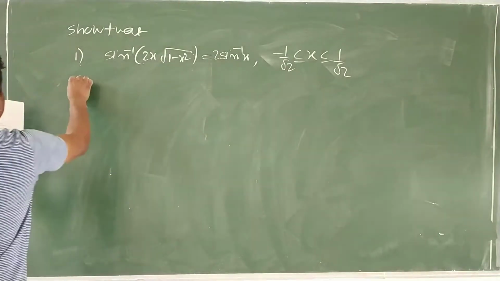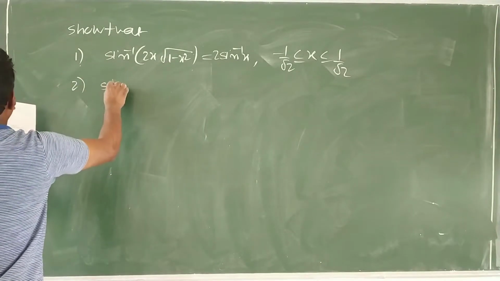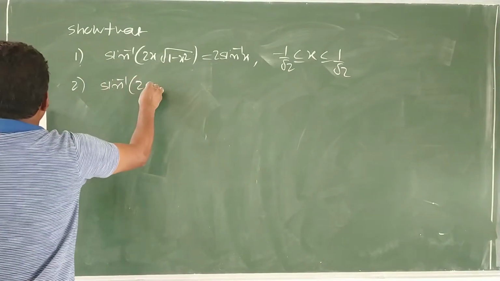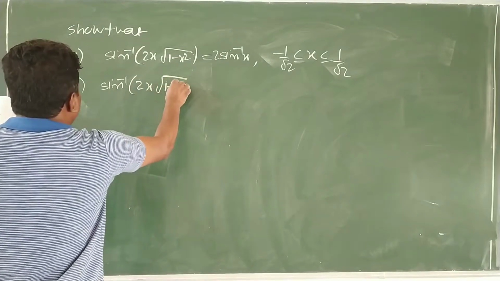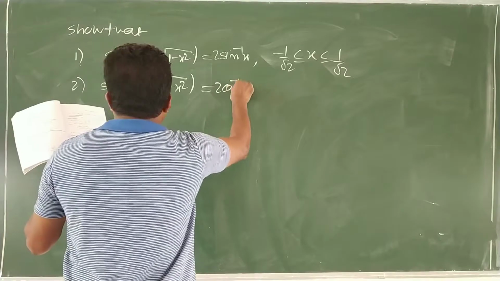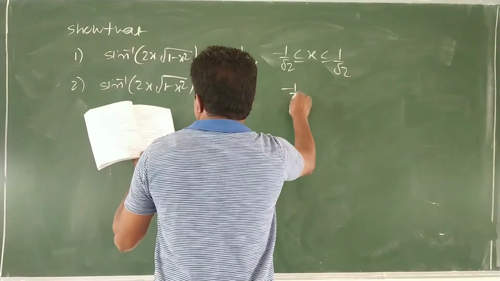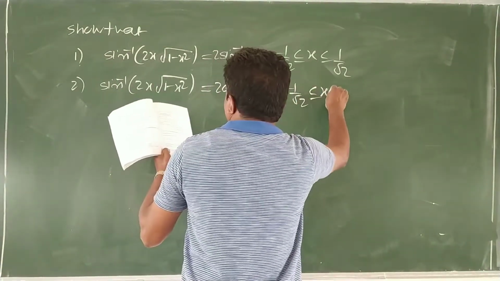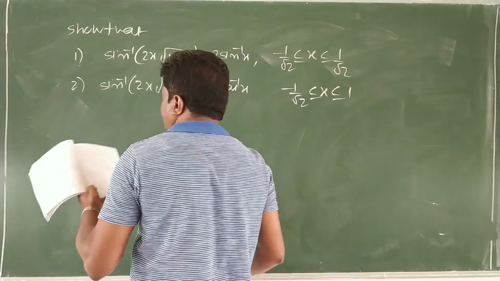Second question, sine inverse of 2x root 1 minus x square equals 2 cos inverse x, for 1 by root 2 less than or equal to x less than or equal to 1.